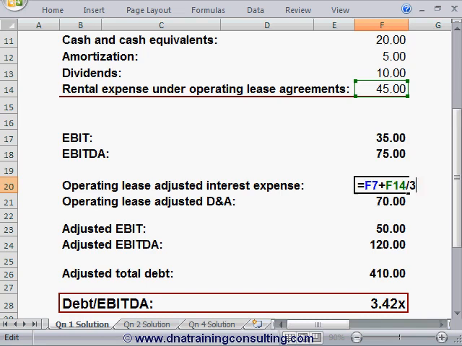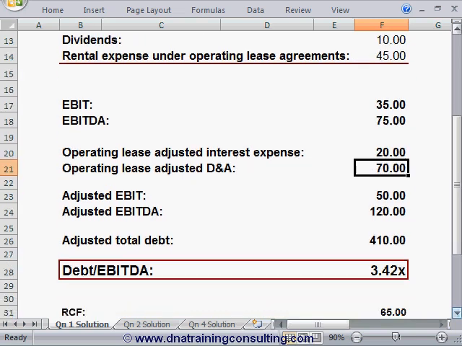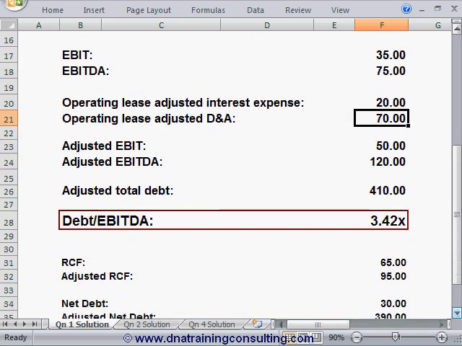And similarly, cell F21 adjusts depreciation and amortization by adding to cell F6 2/3 of rental expense under operating leases. The remaining cells immediately underneath continue in the same manner and are not discussed individually.